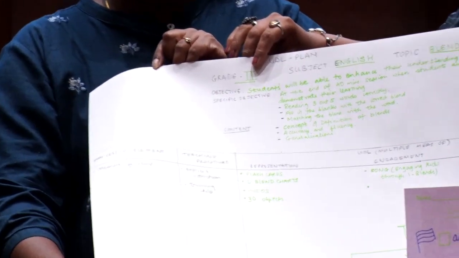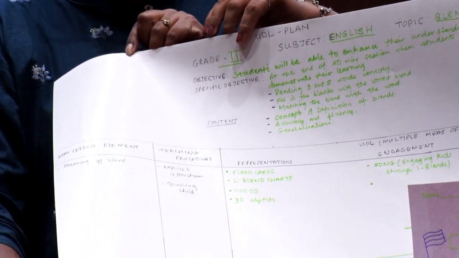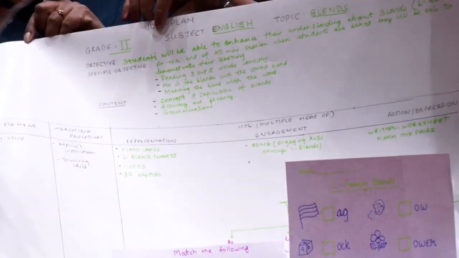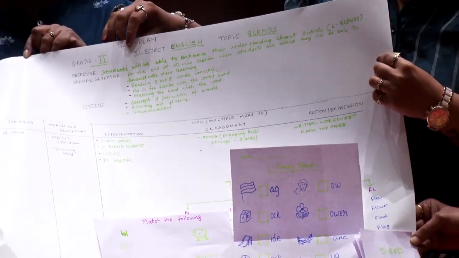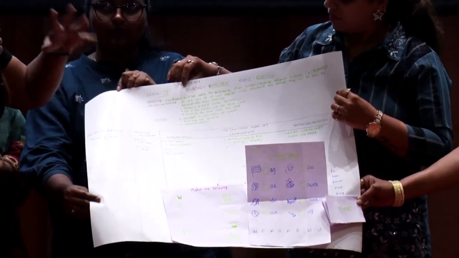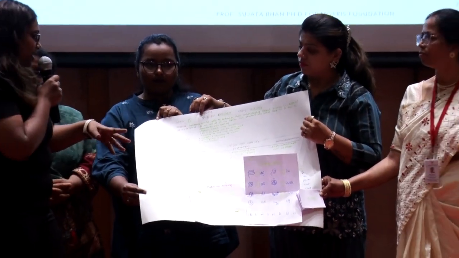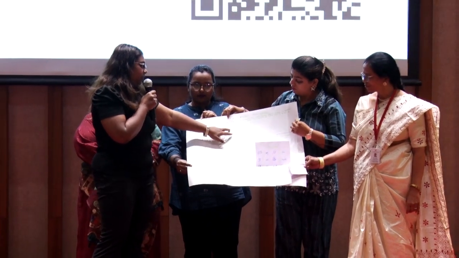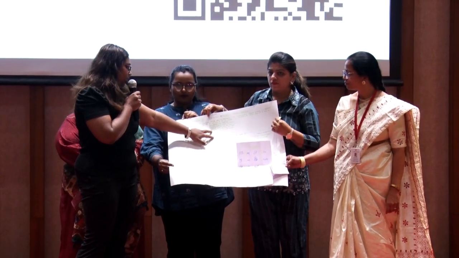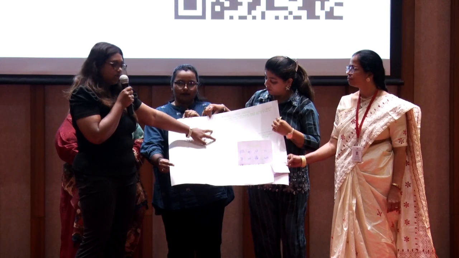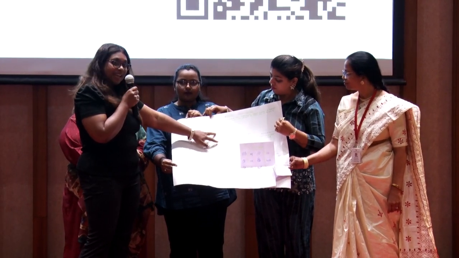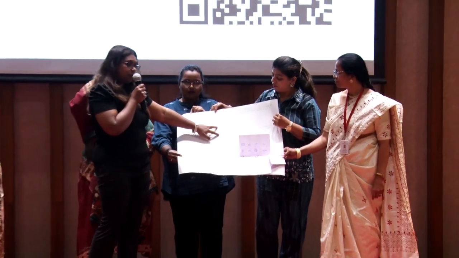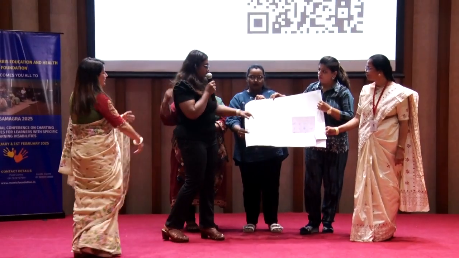Our specific objective is that at the end of a 40-45 minute session, if students are asked to demonstrate their learning, they should be able to read at least 3 out of 5 words correctly, fill in the blanks with the correct blend, and match the blend with the correct word. Our contents would be concept and definition of blends, accuracy and fluency, and generalization.